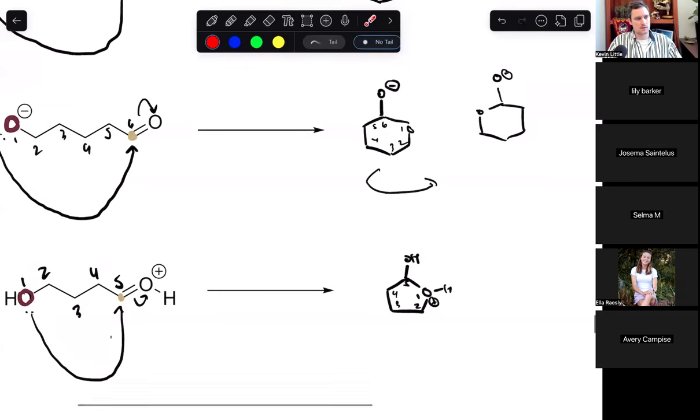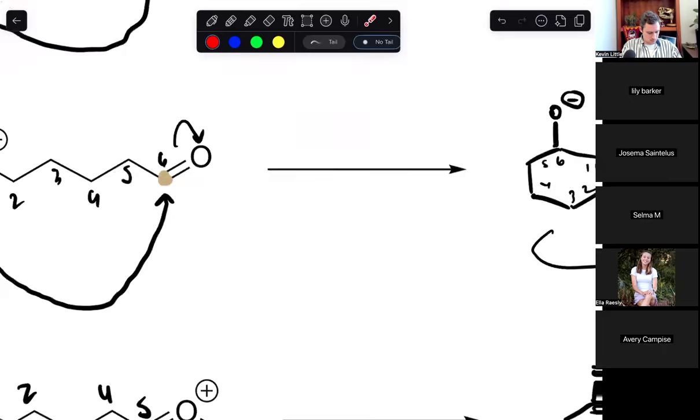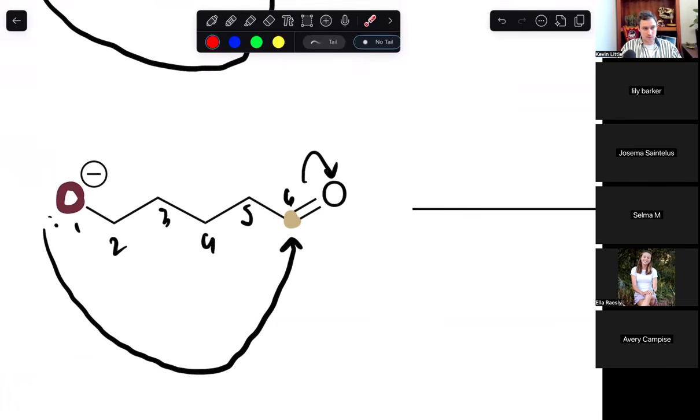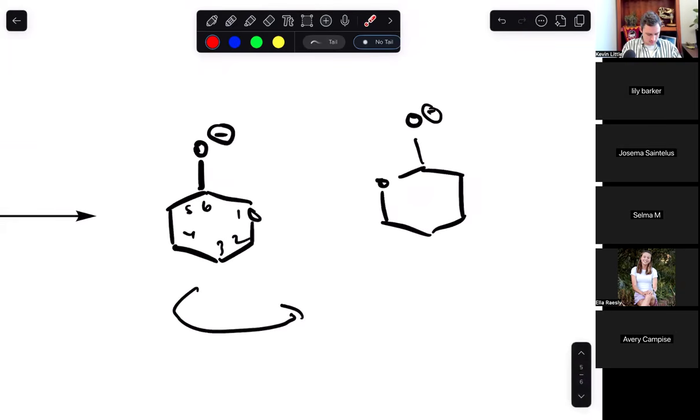Someone said, if we left the O minus where carbon 1 was in the last picture, would it still count as the same structure? So based off how I numbered it, there is no carbon 1. There's an oxygen 1 and a carbon 6. Are you asking like if I had done this?